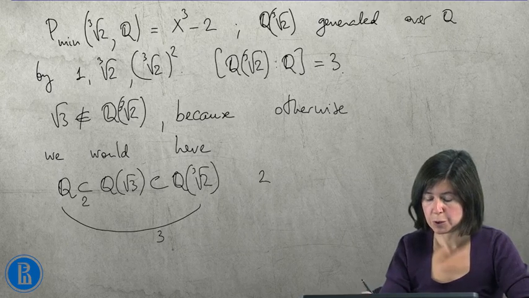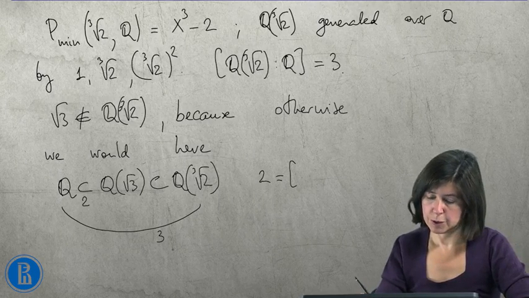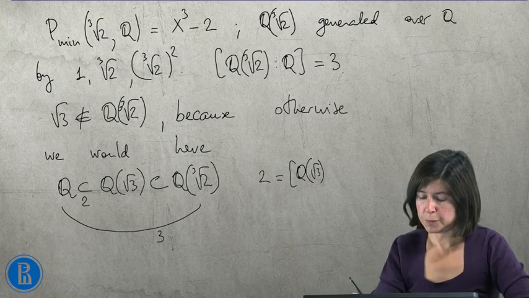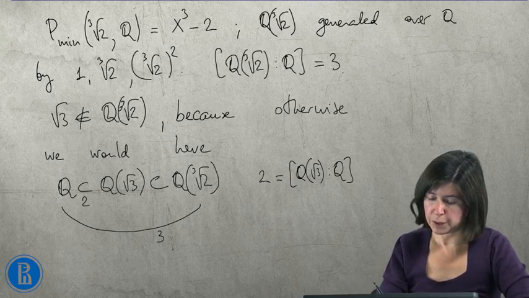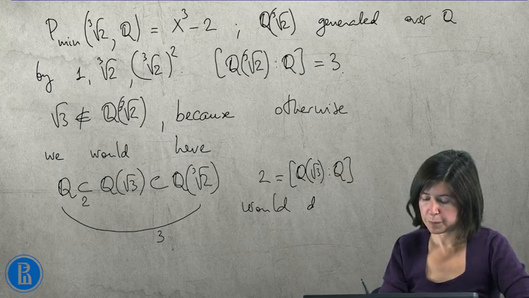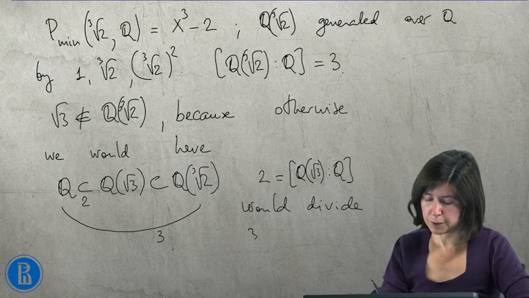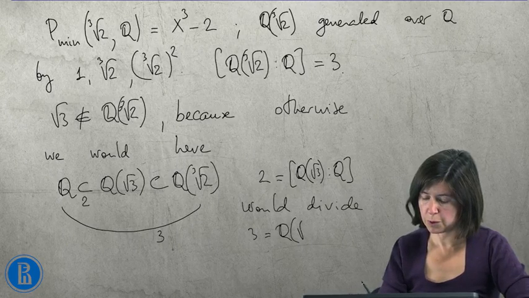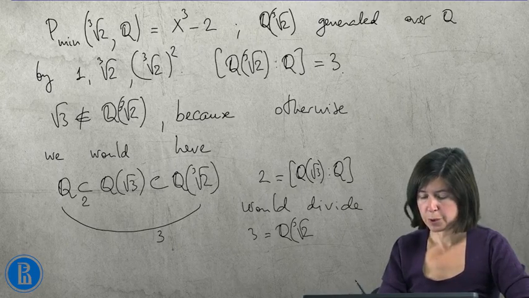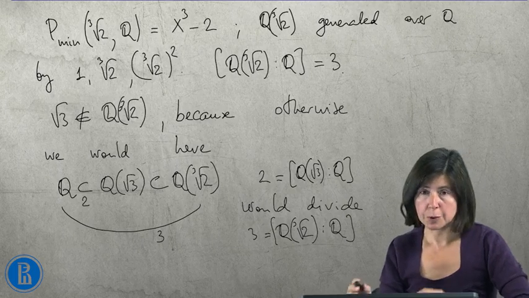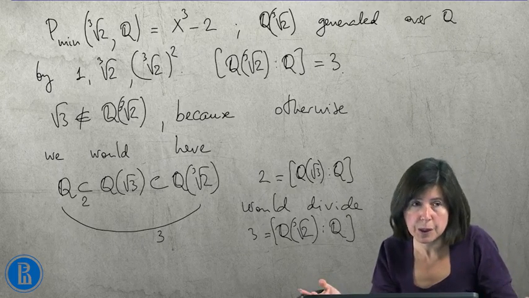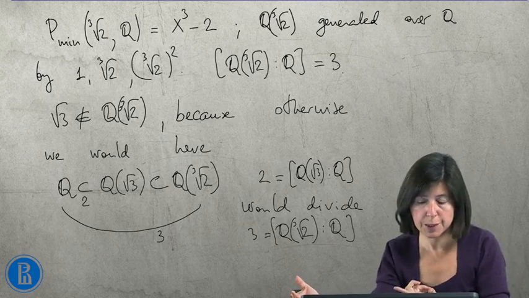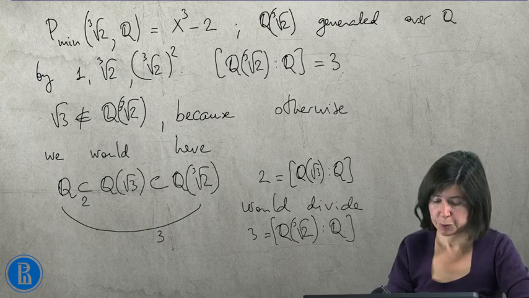Well, the degree of Q(square root of 3) over Q would divide 3, the degree of Q(cubic root of 2) over Q. We have seen that the degrees multiply in towers of finite extensions. So this is impossible.